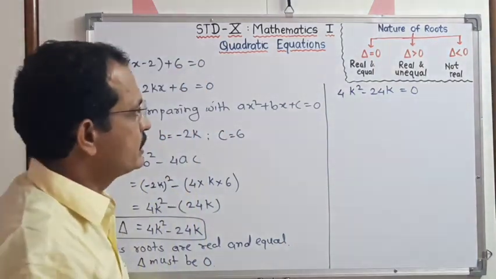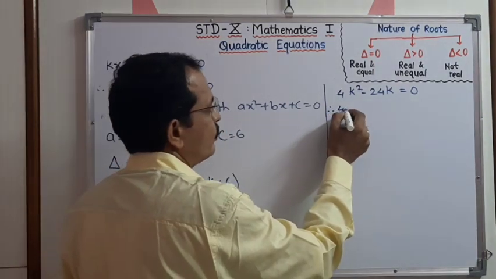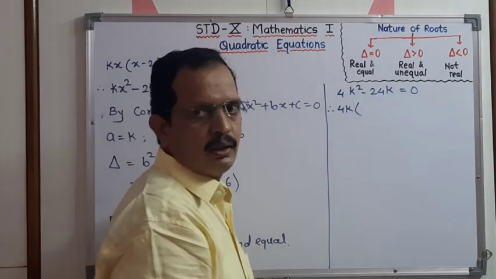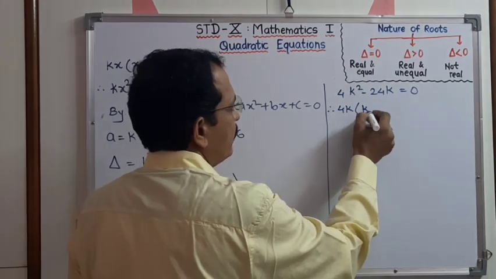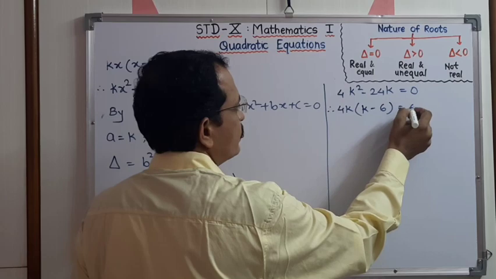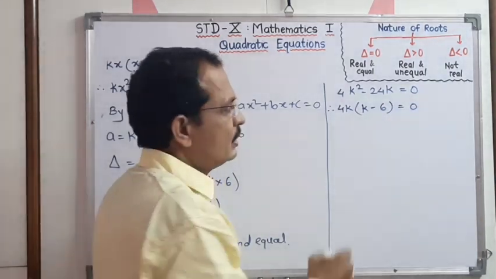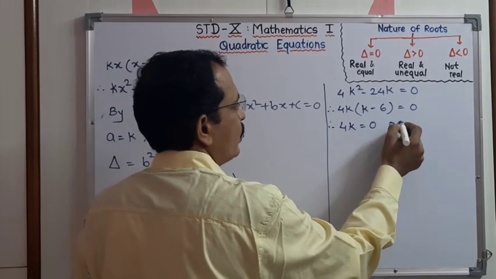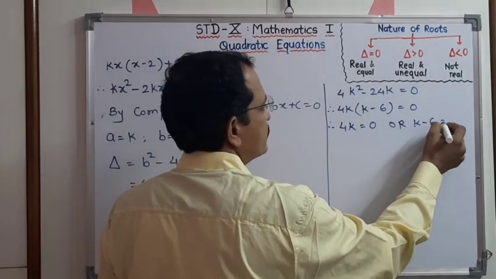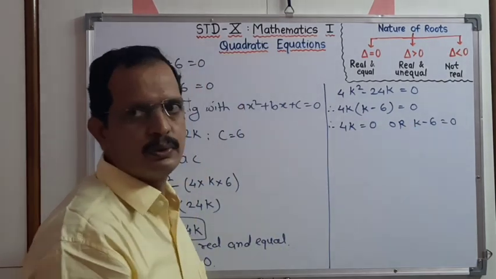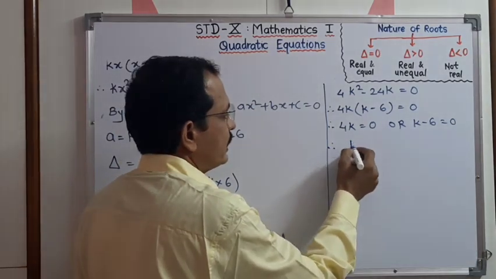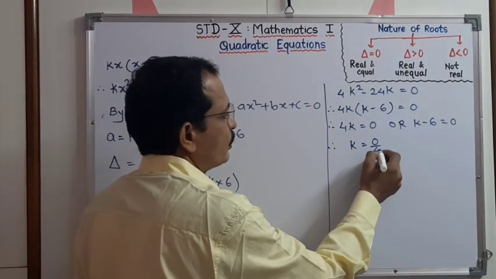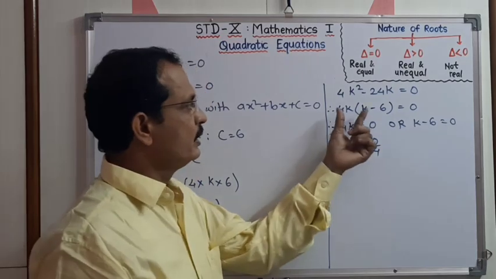Now we have to solve this. Therefore we can take out 4k as a common. Then we write here k minus 6 is equal to 0. Now we know that 4k is equal to 0 or k minus 6 is equal to 0. All of you got that?